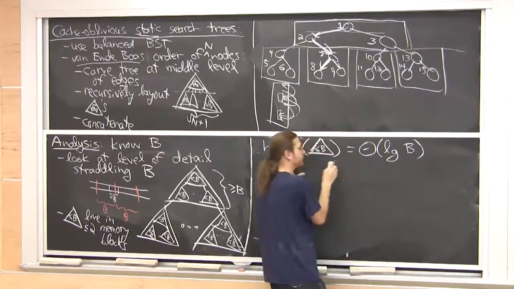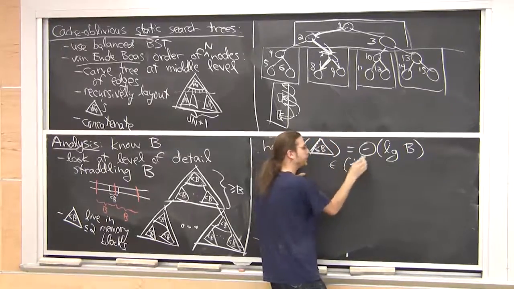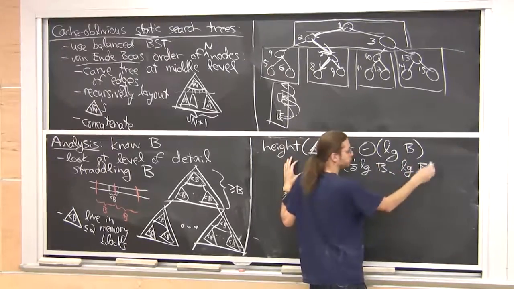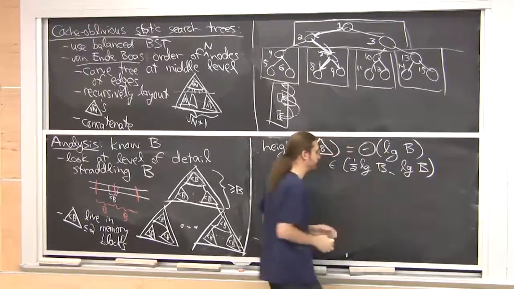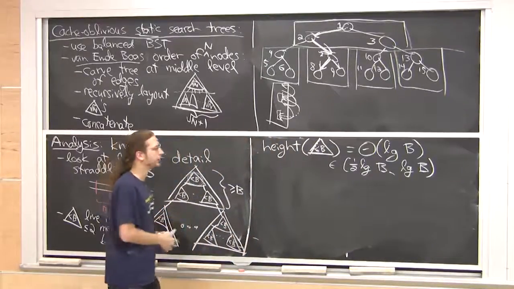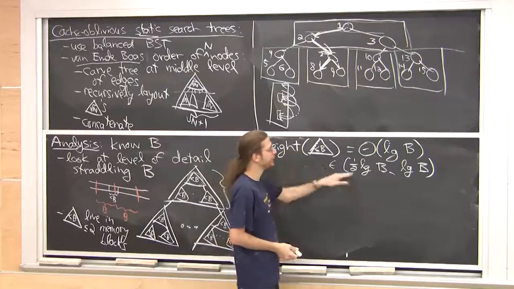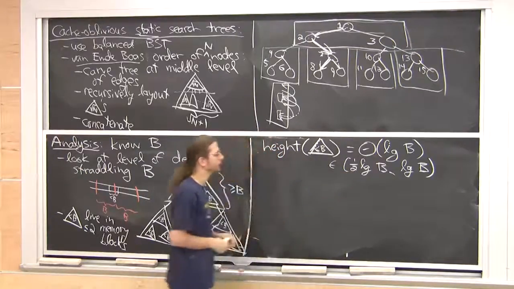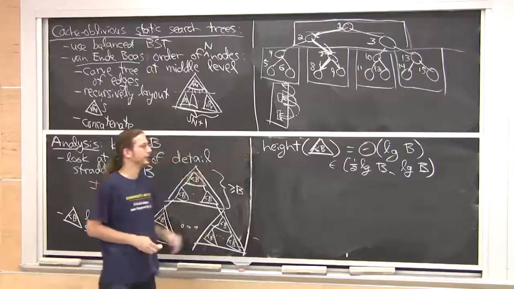In fact, it's going to be in the range half log b to log b. It doesn't really matter, because you stop as soon as you hit b. You're dividing the height in half repeatedly. You might overshoot by at most a half. That's it. So height is log b.